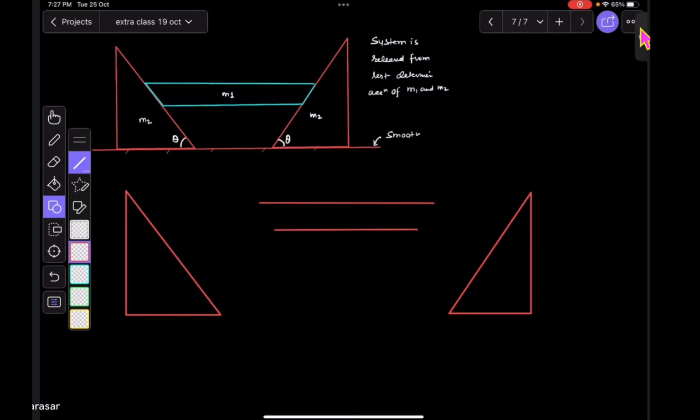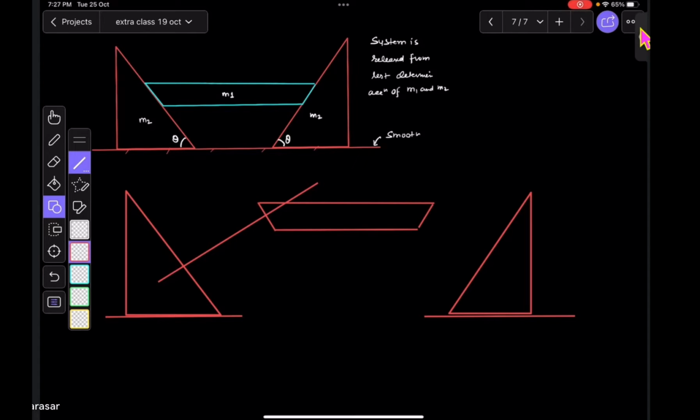Now the force that will be acting on the wedge by the rod, we understand that it is going to be the normal contact force, correct? And to draw the normal contact force, we must draw the common normal first, correct?